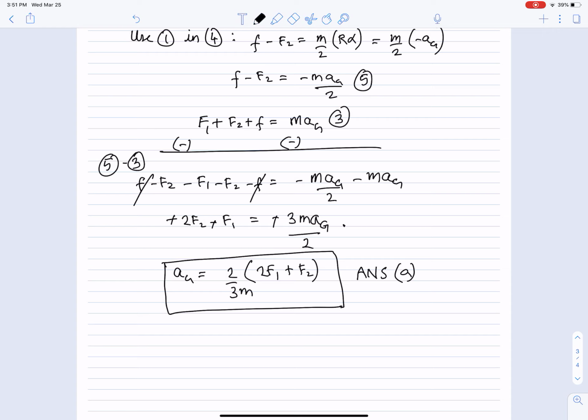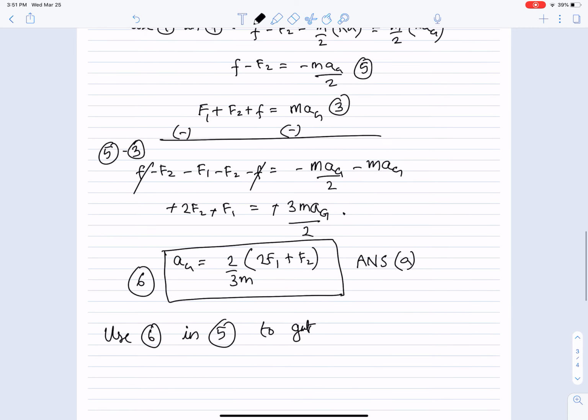So let's call this 6. Use 6 and 5 to get F equals F2 minus M Ag by 2, equals F2 minus M by 2 times 2 by 3M, 2F1 plus F2.